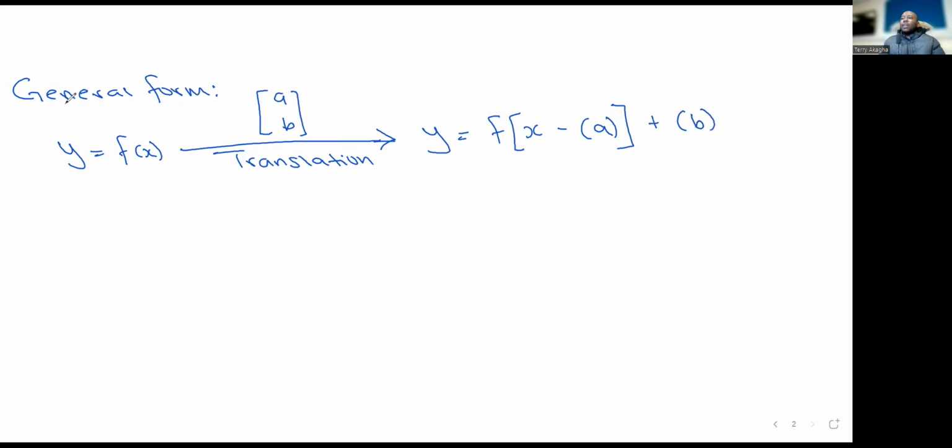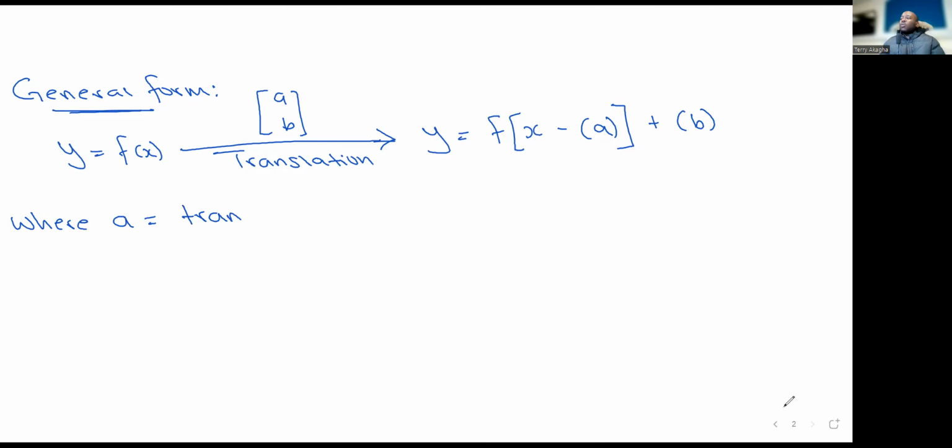So you have a general function, okay? You have a function, and now this function will undergo a translation, A and B, and it's going to be x minus the A in bracket, and plus the B in bracket, okay? So where A is equal to translation.